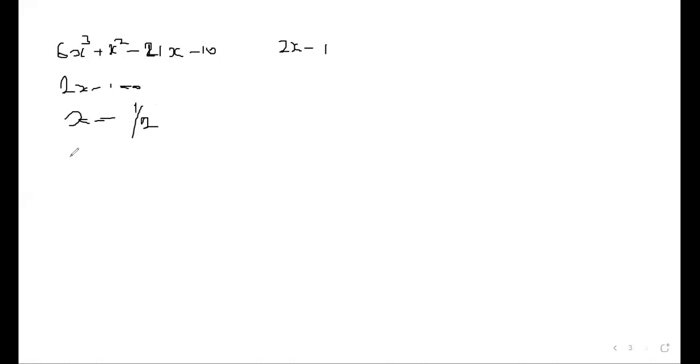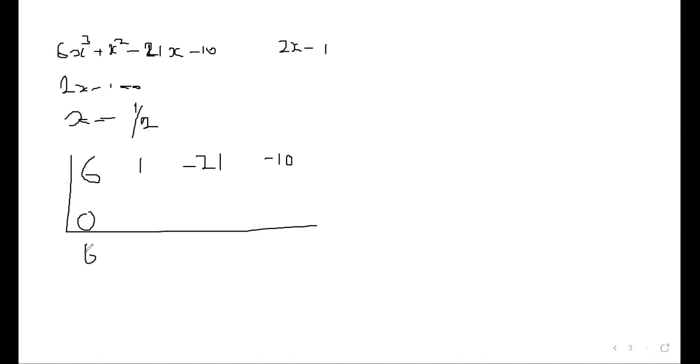Then using synthetic division, all we need are just coefficients in this case. The coefficient of x to the power 3, the coefficient of x to the power 2, the coefficient of x to the power 1, and the coefficient of x to the power 0. Then say 0 there. Just drop down this.